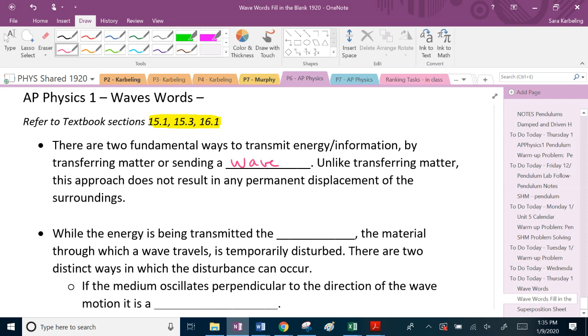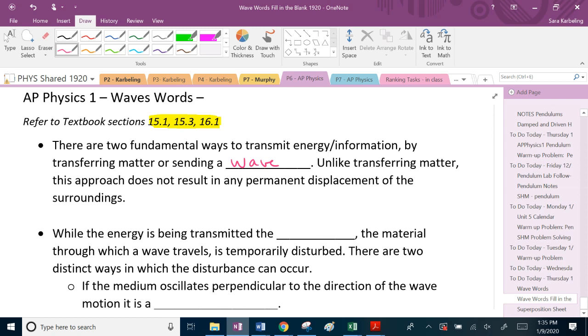Unlike transferring matter, this approach does not result in the permanent displacement of the surroundings. That's really important. If I write a note to Morgan and throw it, that piece of paper no longer resides with me, right? Whereas if I just say, hi, I'm communicating, I'm transferring information. I'm sending it via a wave.